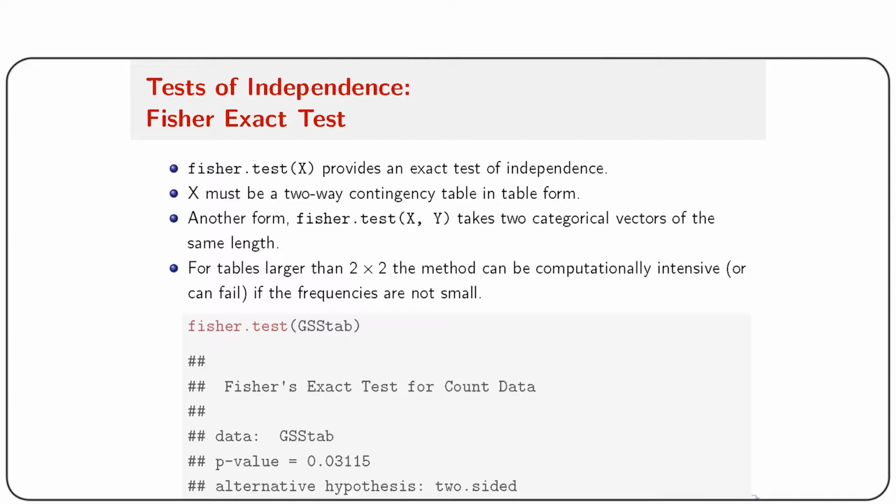For example, methods for tables larger than 2 by 2 can be computationally intensive if the frequencies are not small. And here in fisher.test, I am passing the GSS tab, that earlier data, and that will give you the Fisher's exact test results as the p-value and two-sided test. The p-value is showing it is significant.